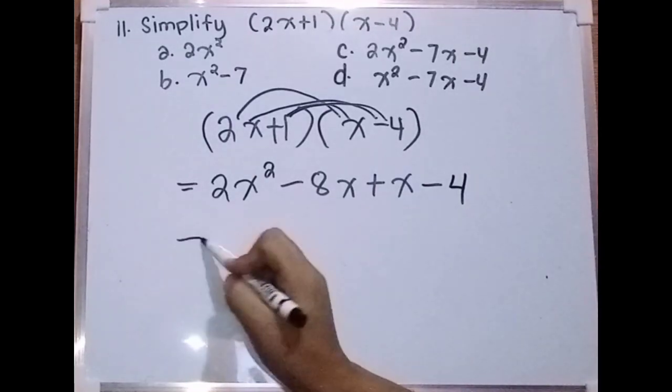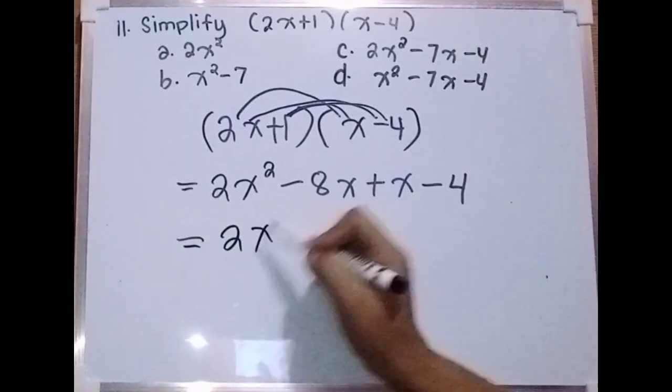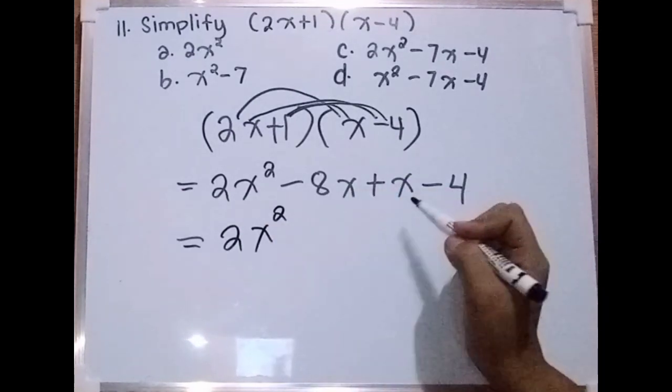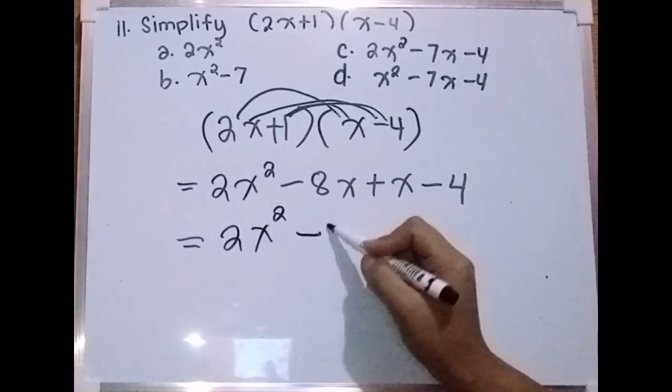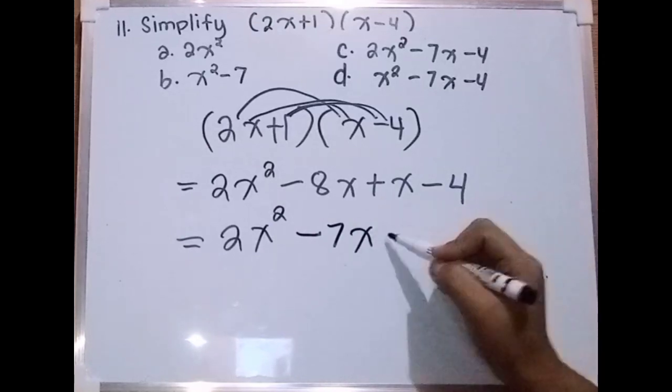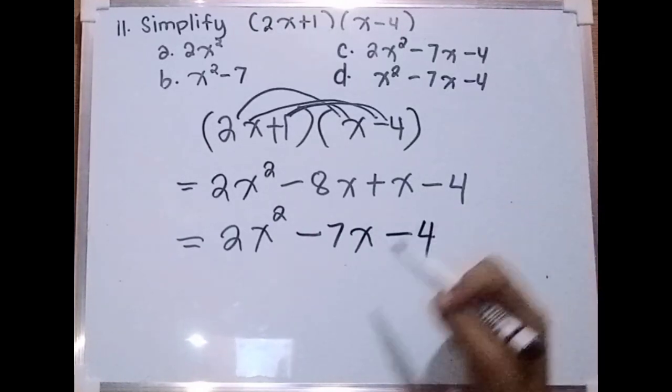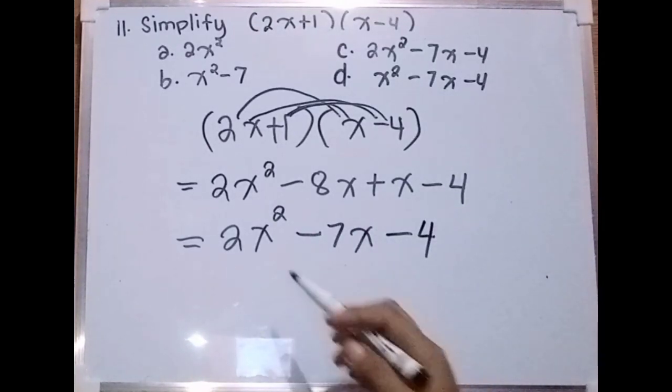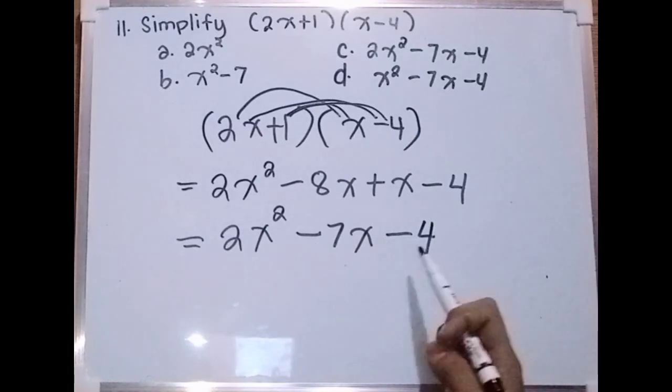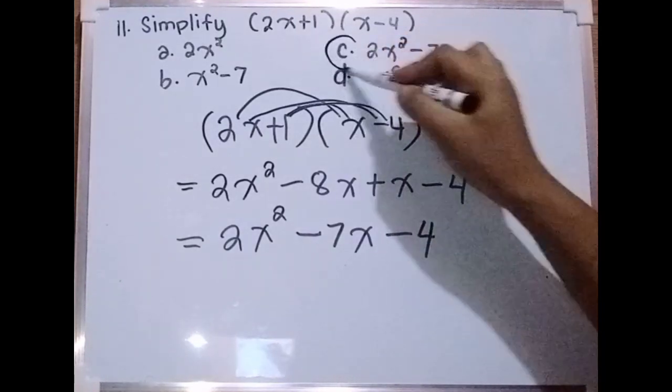So we'll simplify: 2x squared, negative 8x plus x is equal to negative 7x. Copy negative 4. So the answer is 2x squared minus 7x minus 4, which is letter C.